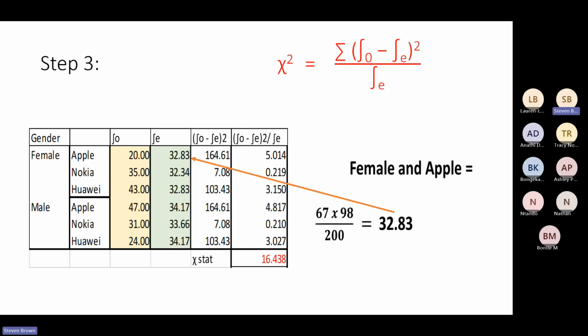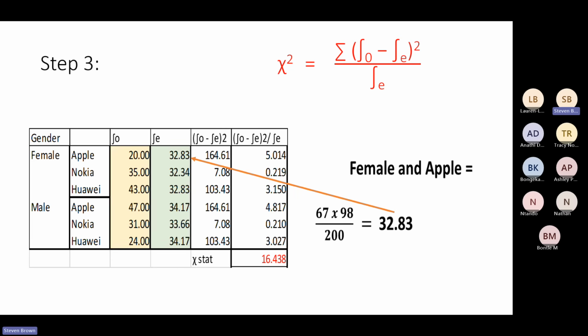Now those are our FO, our observed, but we don't know what our FE is, class. So we've got to go and calculate it, for each one of the observed.